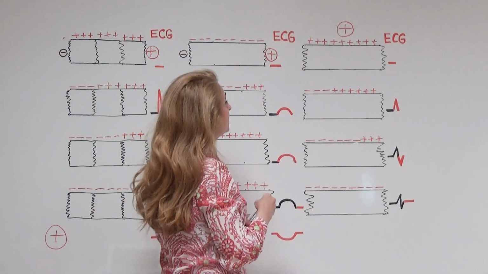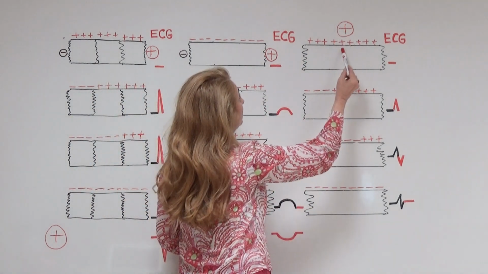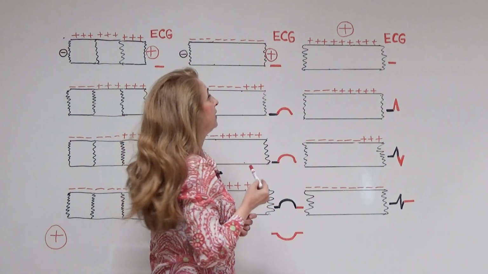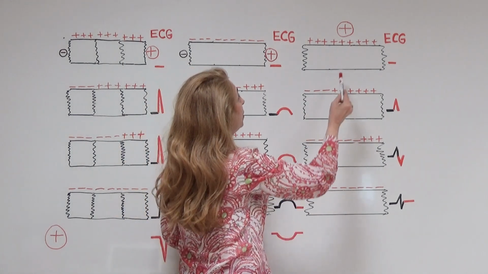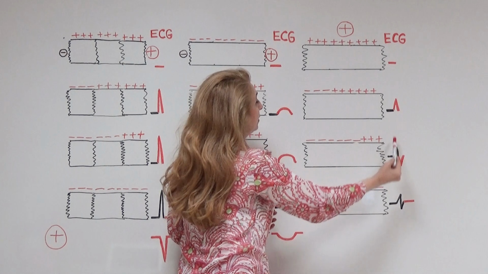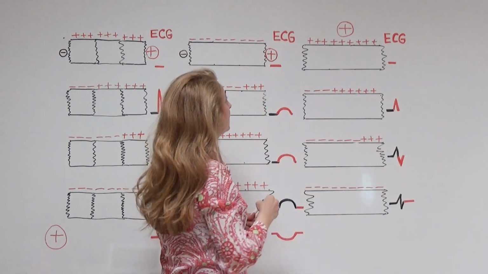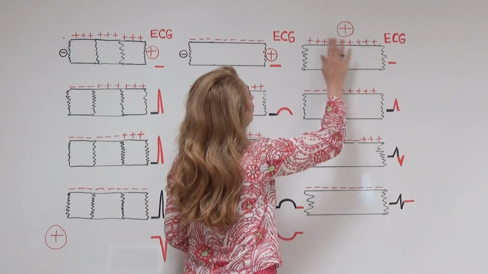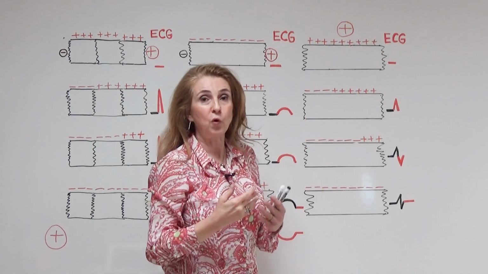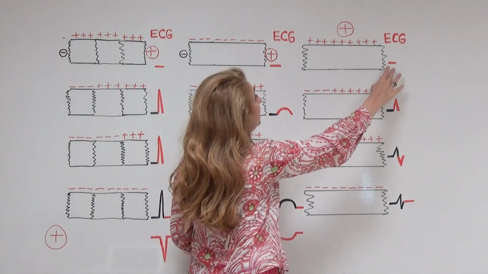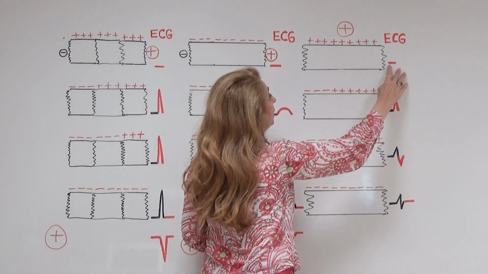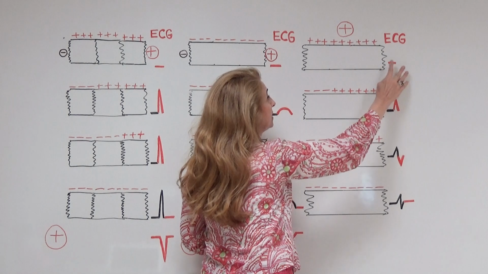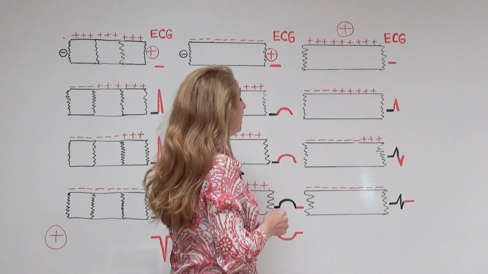In the last piece, I want to put the positive electrode at the center of the area and examine what is happening during depolarization. At the beginning, resting membrane potential is present in all of the cells, and the outer surfaces of all of the cells are charged positively, and there is no dipole, and electrocardiography records a horizontal isoelectric line.